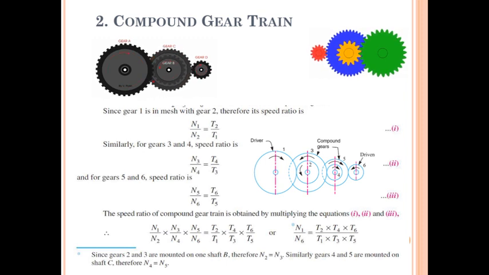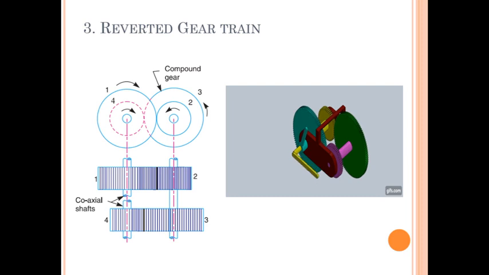That means simply I can say a speed reduction in excess of 7:1 can be done by this compound gear train, whereas a velocity ratio of less than 7 can be done by a simple gear train. Same application for simple and compound gear trains, but a velocity ratio of more than 7 you can achieve by the compound gear train. The third type of gear train we'll see is the reverted gear train.